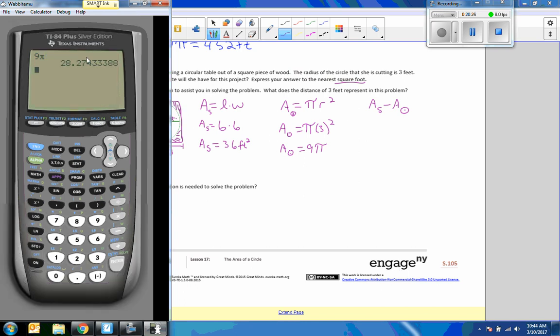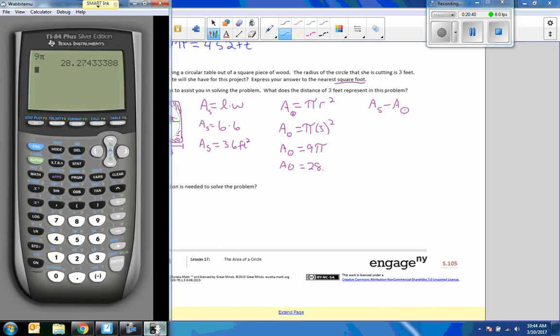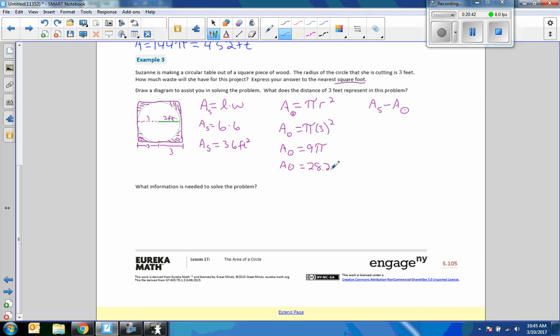And it's 28.274. I keep saying circle because of the S. So now we have the area of the square and the area of the circle.